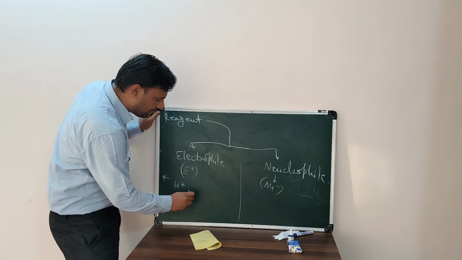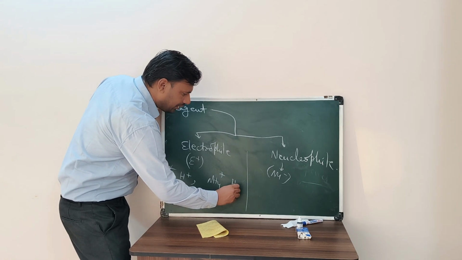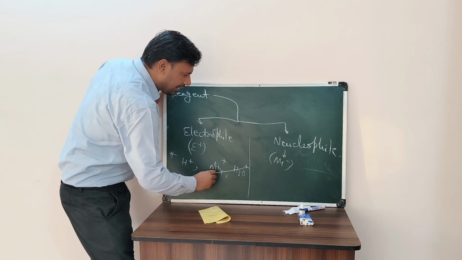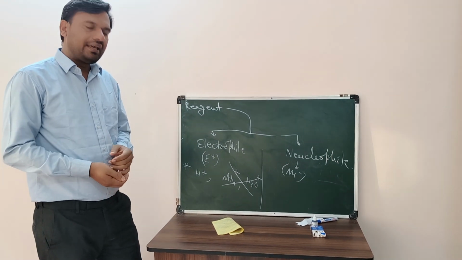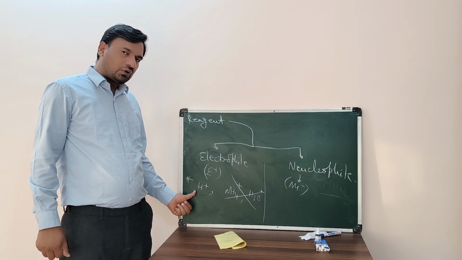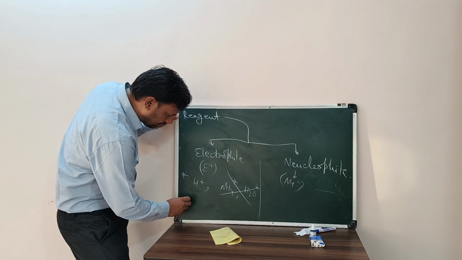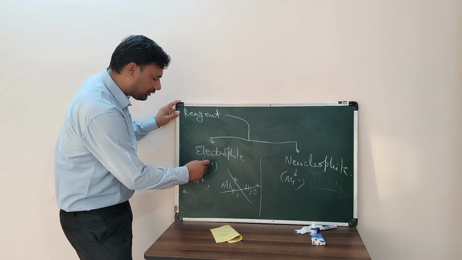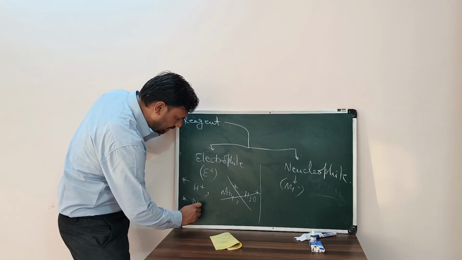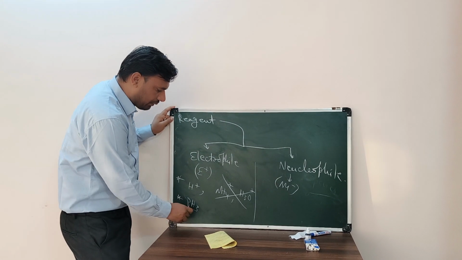But there are two exceptions, NH4 plus and H3O plus. These do not act as electrophiles because they are not electronically deficient species. But proton is. Another example, a neutral electrophile like BH3. This is also an electrophile, a neutral electrophile.